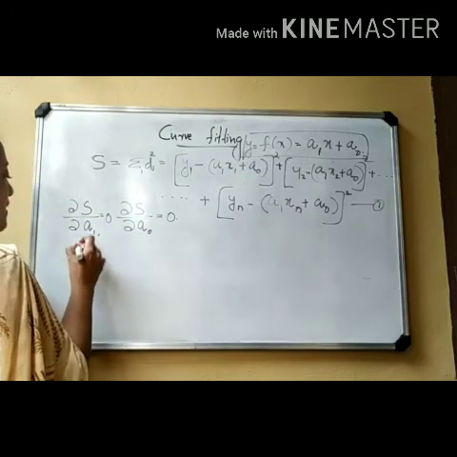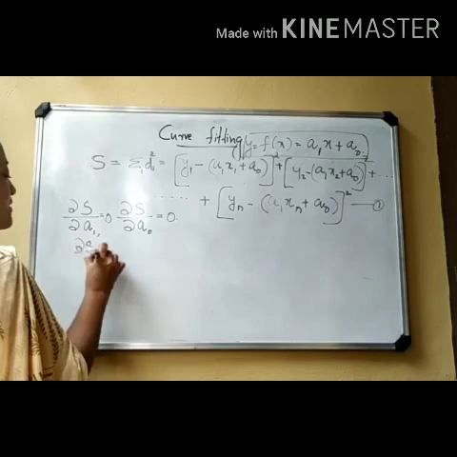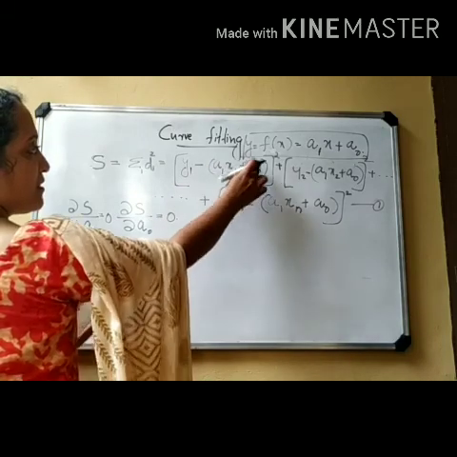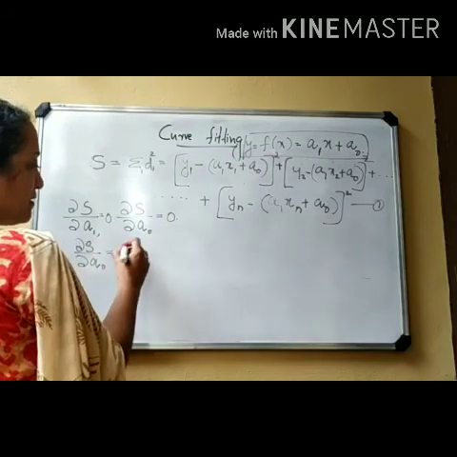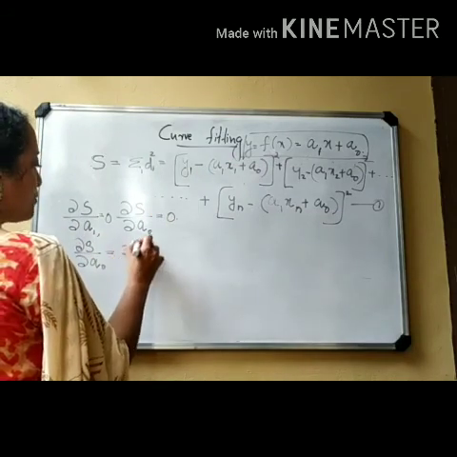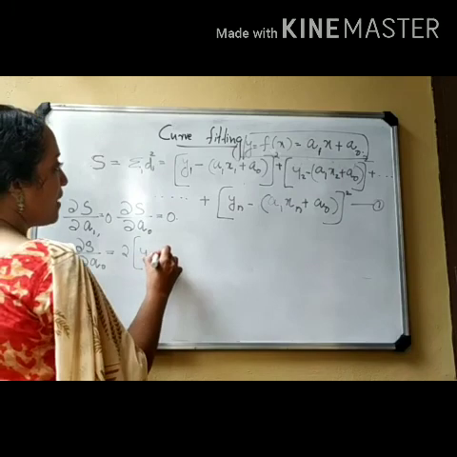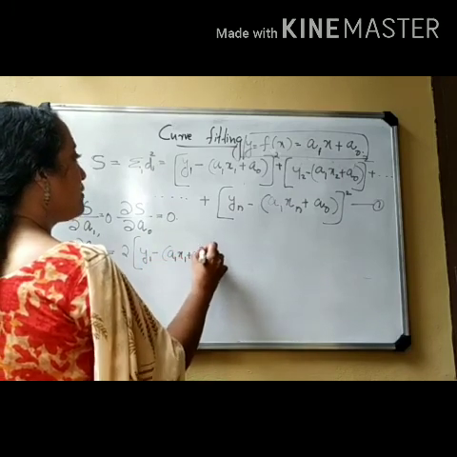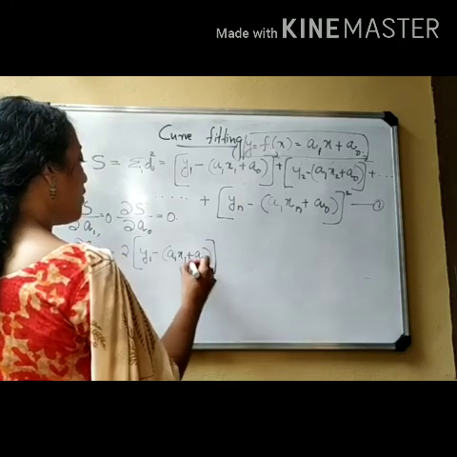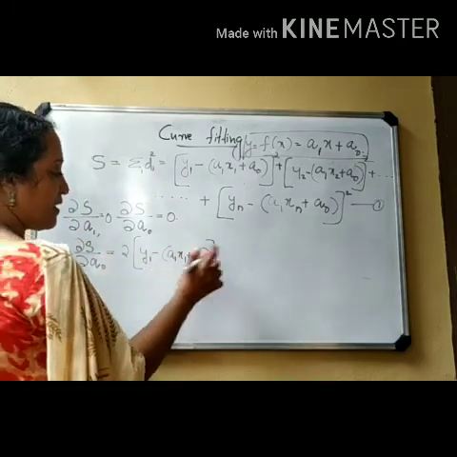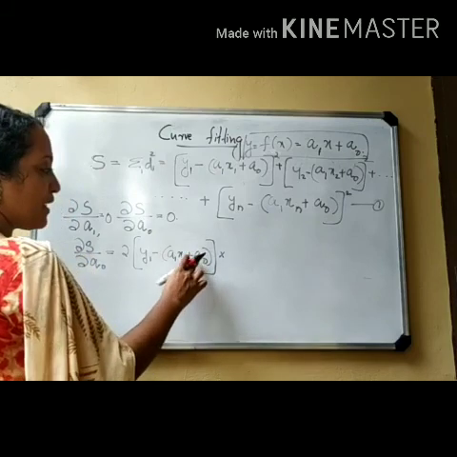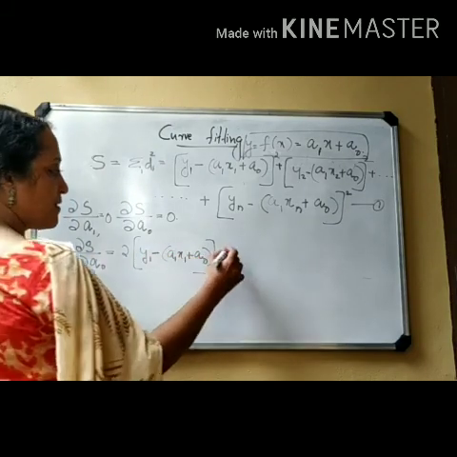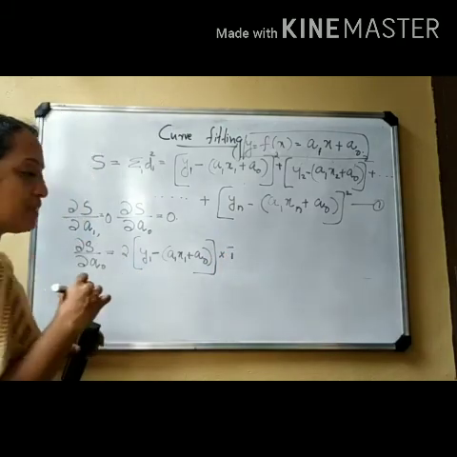So dou S by dou a0 will be equal to, for the first term, 2 times (y1 minus (a1 x1 plus a0)). With respect to a0 we are differentiating, so we have to multiply this with minus 1.